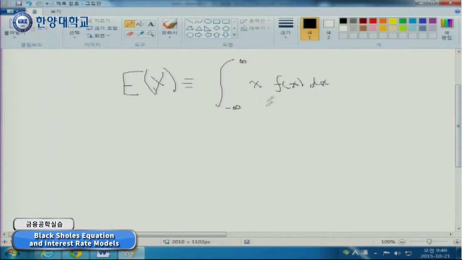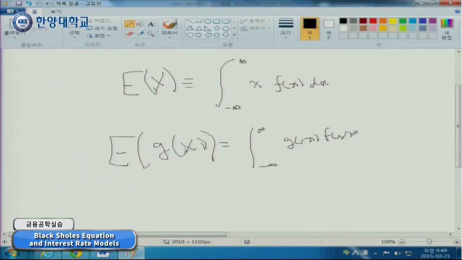This is the definition of expectation. Or E[g(x)] is the integral of g(x) f(x) dx. This is just the definition of the mean.